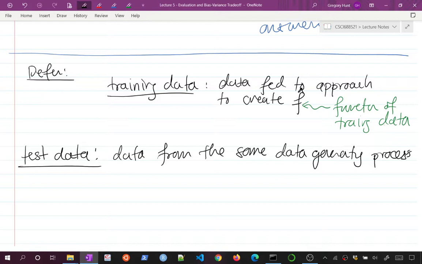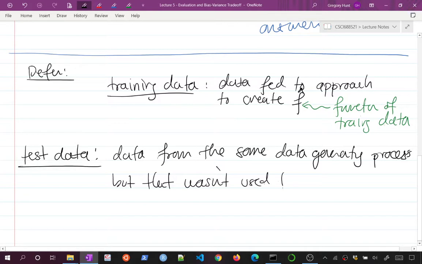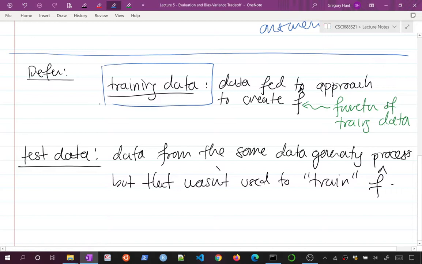So it's data from the same kind of endpoint, but that wasn't used to, quote, train, that is to build f hat. So there's our dichotomy. Training data, which is basically the x's and y's you give to the algorithm, and test data, which is going to be basically very similar to training data, but the algorithm hasn't seen it before. So it's this kind of untouched data that has not influenced the training of the algorithm.